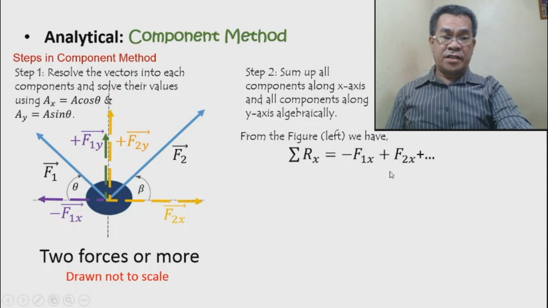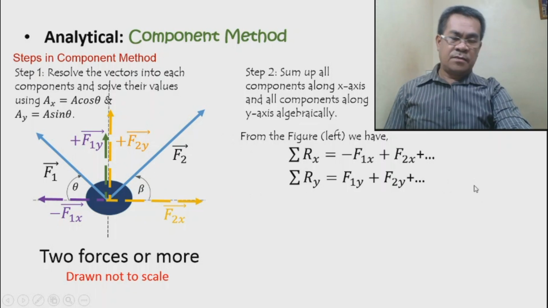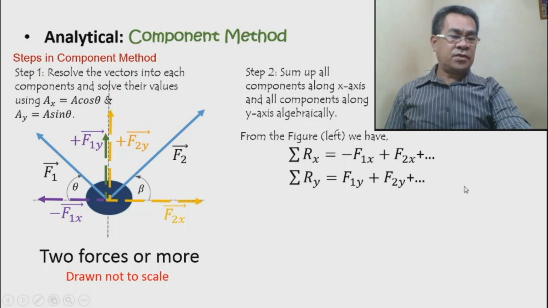Okay? We have two components because we have two axes, so we have two components for every vector. Then next is to sum up all forces along y. So we have these all positive because these are all upward, again depending on the figure. So that plus that, and if there are other forces, then do it.